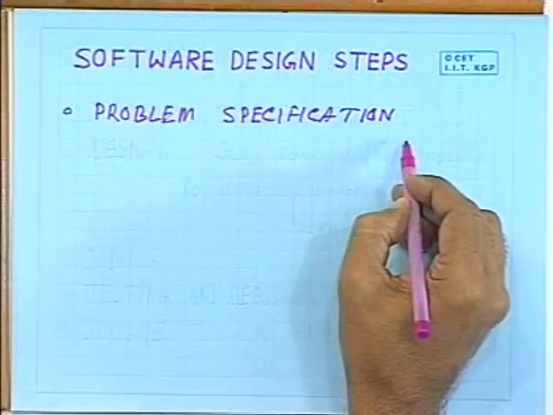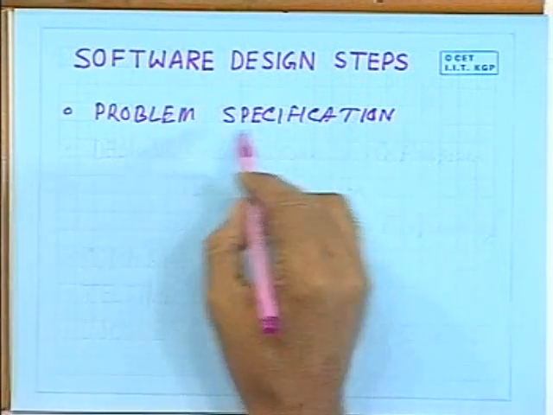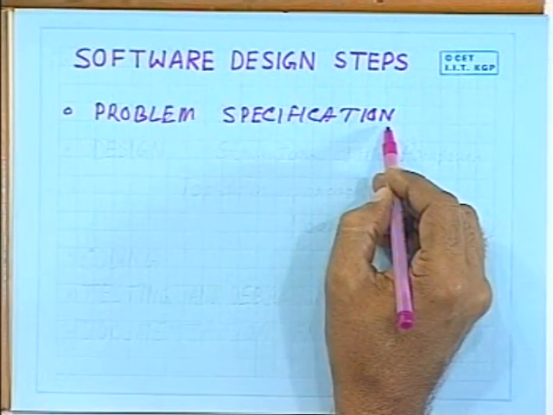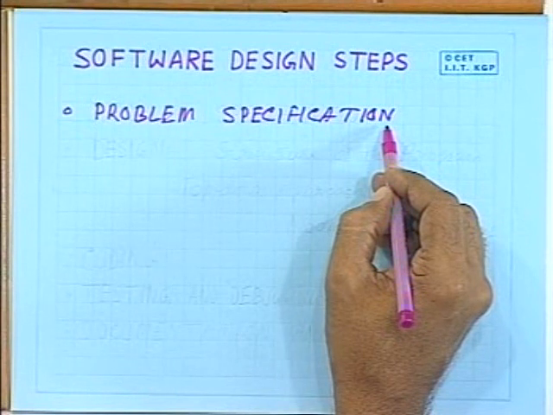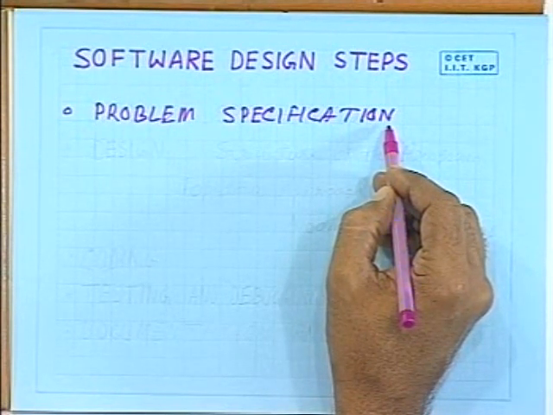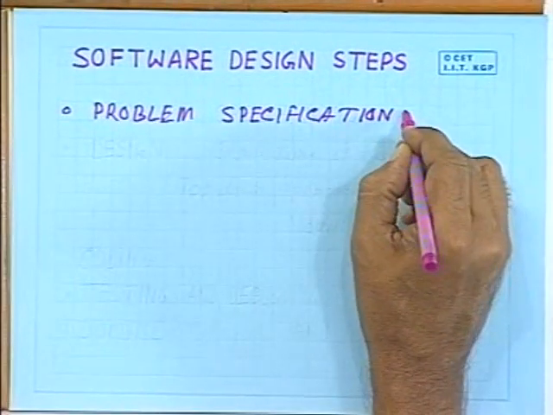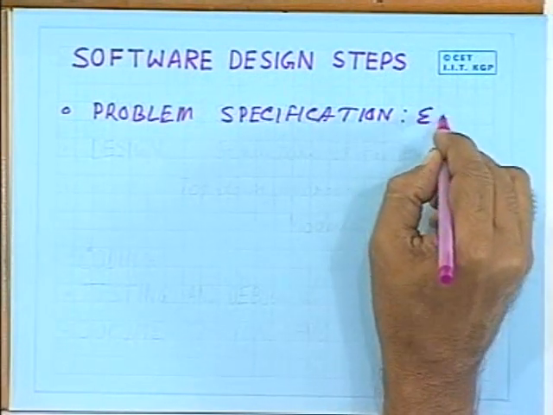So you have to specify the problem without any ambiguity, in a clear language. Usually problem specification is stated in simple English.